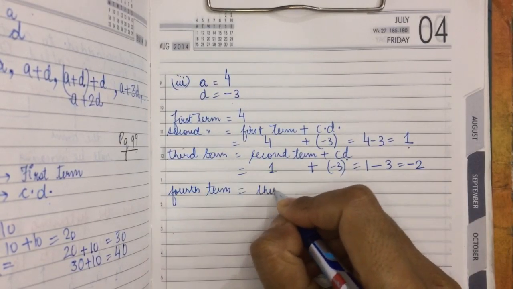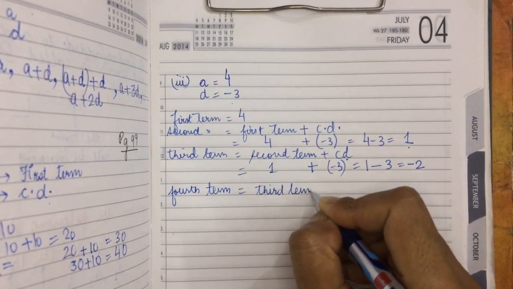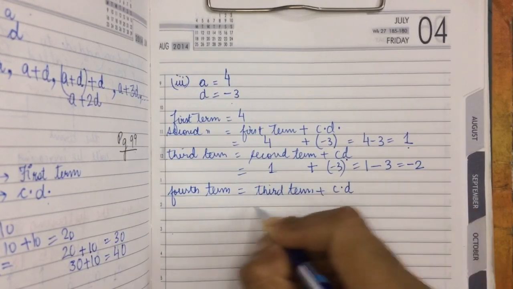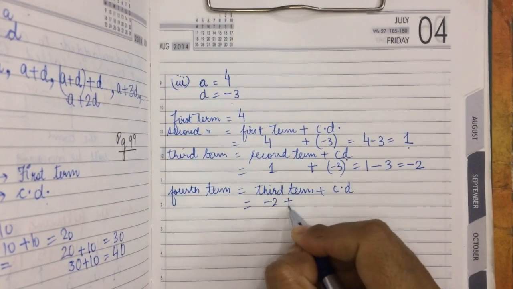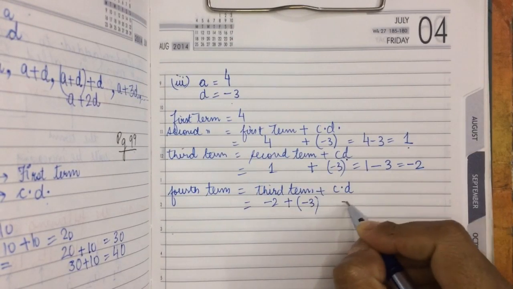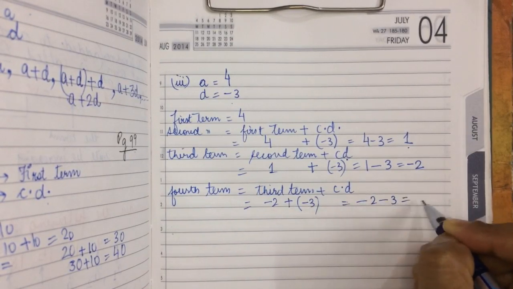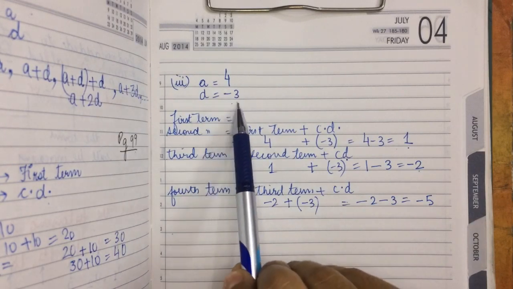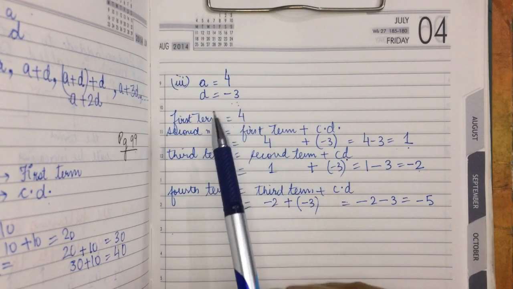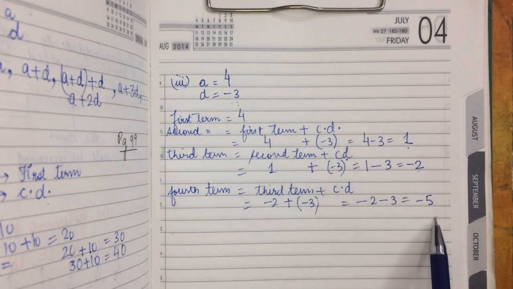For this, we will take the third term, the previous term, and add the common difference. The third term has been obtained as minus 2. Add the common difference to this. So minus 2 minus 3, this will be minus 5. So these are the first four terms of the AP. And as you can see, when the common difference is negative, the values decrease.